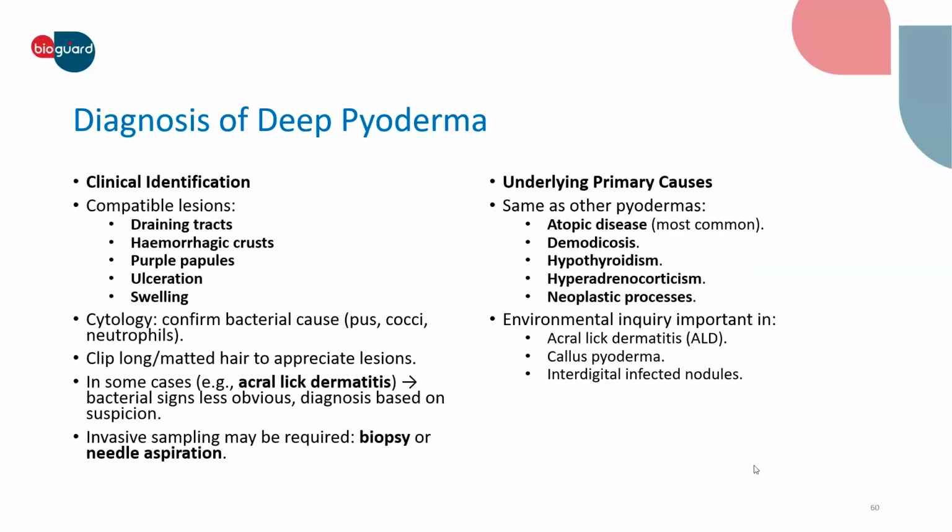Cytology is good for confirming a bacterial cause; you can see pus, cocci, and neutrophils. You need to clip long matted hair to appreciate the lesions. And in some cases, like acral lick dermatitis, the bacterial sign is less obvious, so the diagnosis is based on suspicion. And invasive sampling may be required for biopsy or needle aspiration.